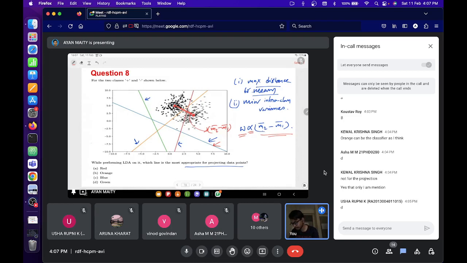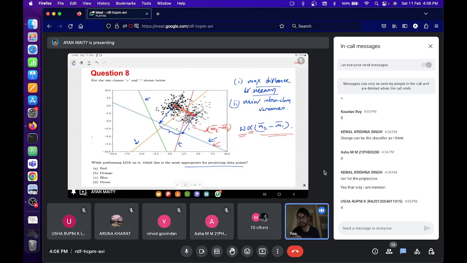If we project the means, this is one mean, this is another mean. Here the distance between these 2 projected means is highest, and you can check with the other 3 straight lines, this distance is not the maximum. The distance is maximized only in this blue projection line. So that's why blue would be the right answer here.